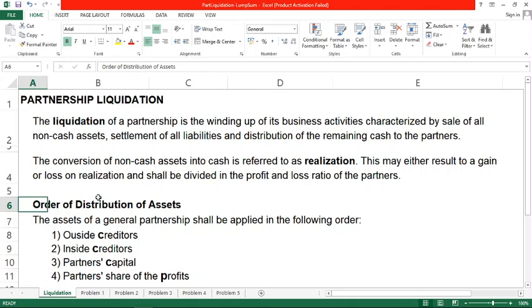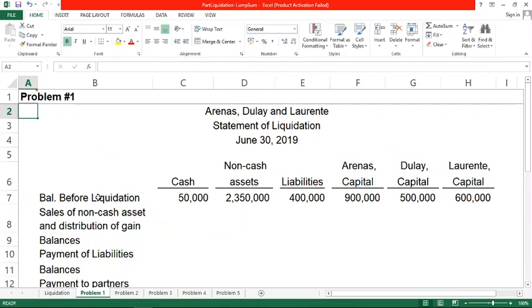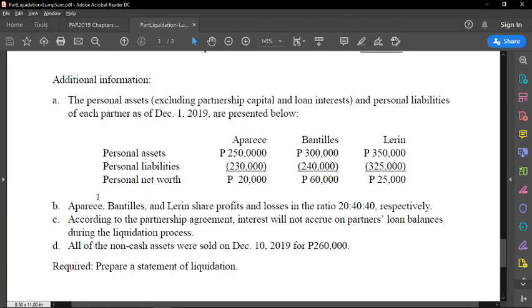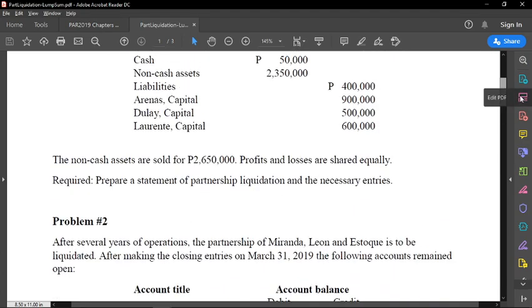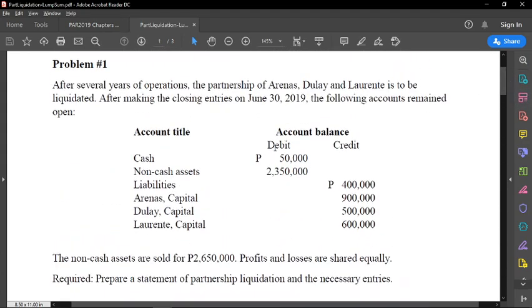So let us have problem number 1. Prepare your pen or your pencil, your paper, and your calculator as we are going to begin answering problem number 1. So what is problem number 1? This is about Arenas, Dulay, and Lorente partnership. So after several years of operation, the partnership is to be liquidated. After making the closing entries on June 30, 2019, the following accounts remained open.